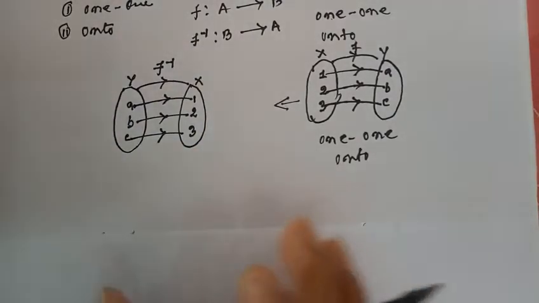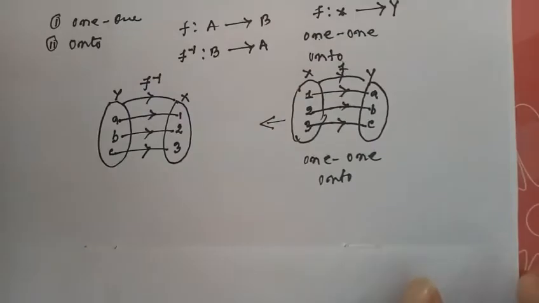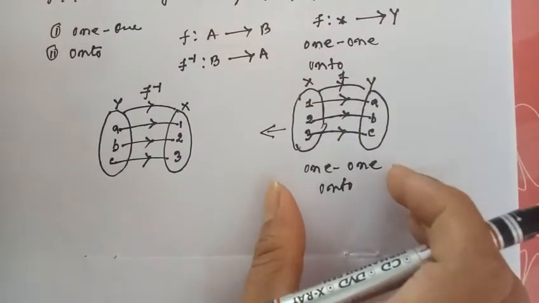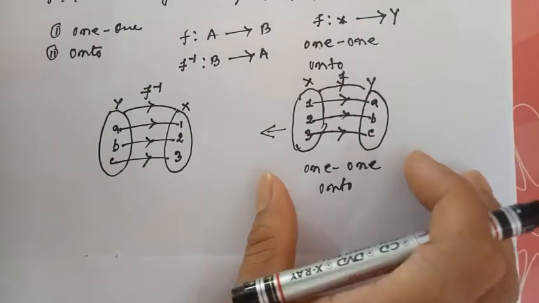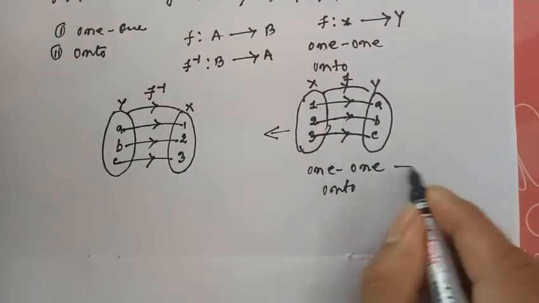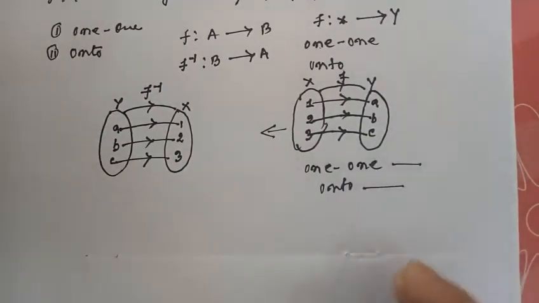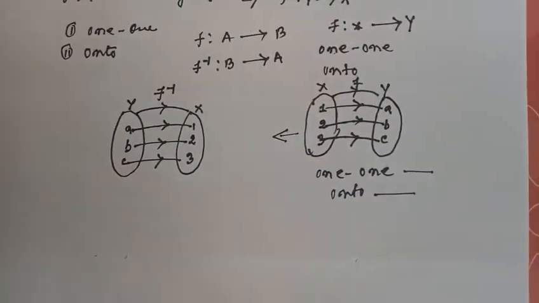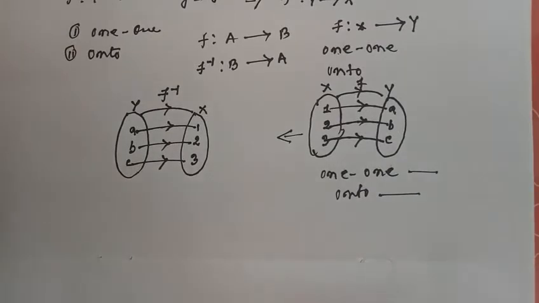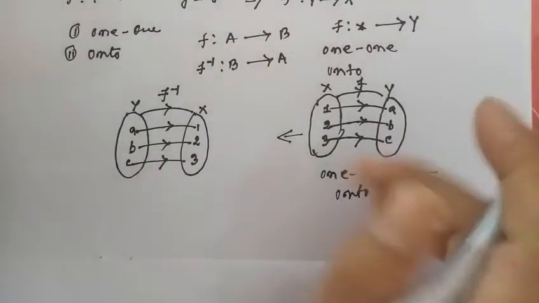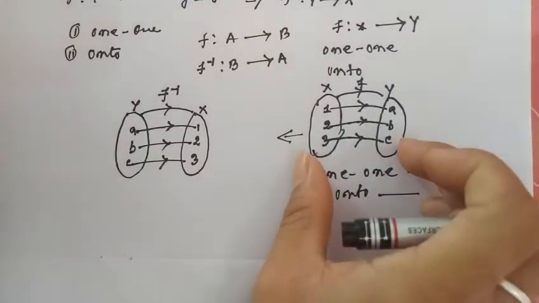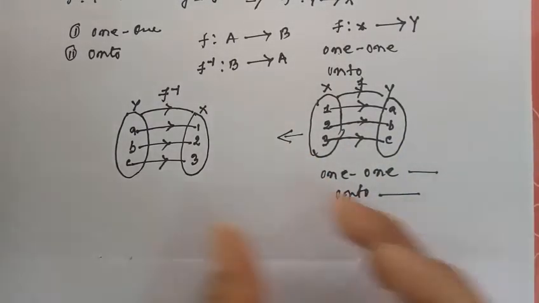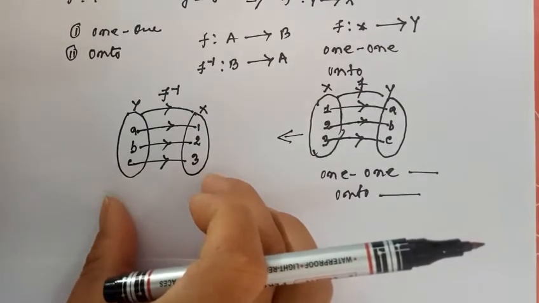So what I'm saying is that an invertible function is only possible when our function becomes one-one and onto both, otherwise invertibility is not possible.